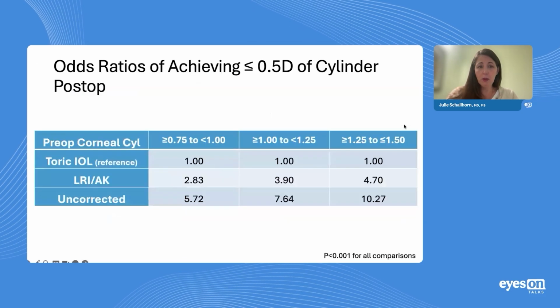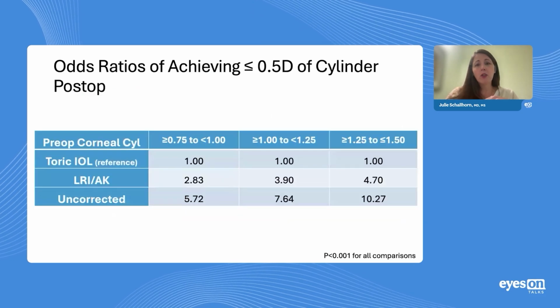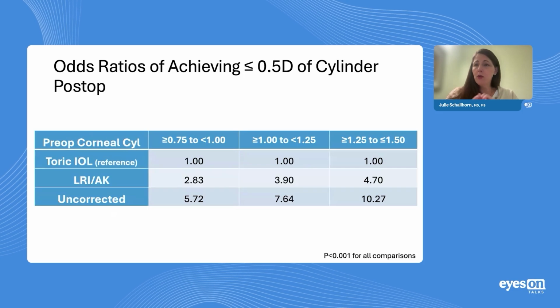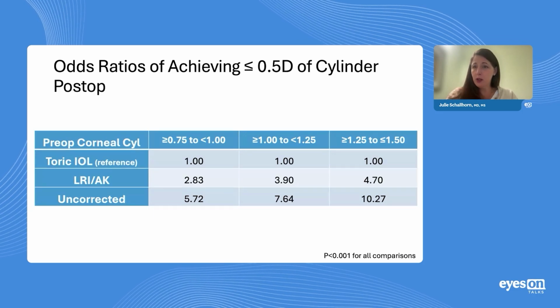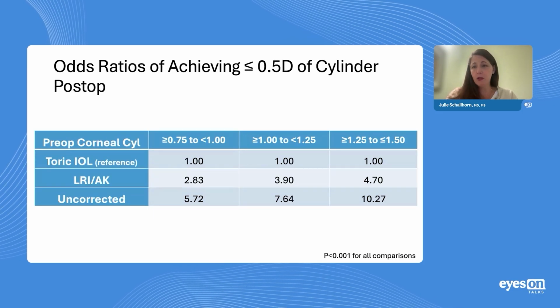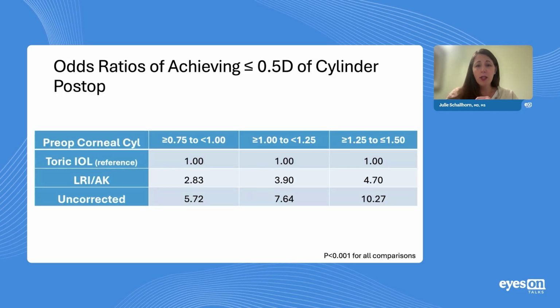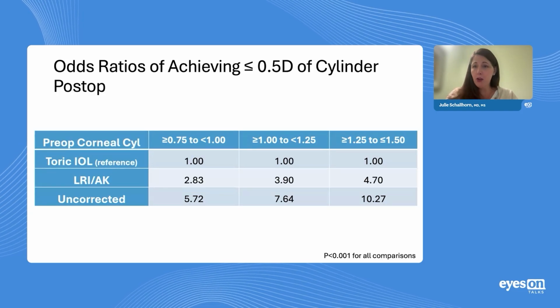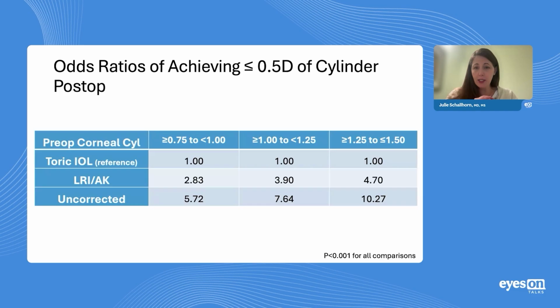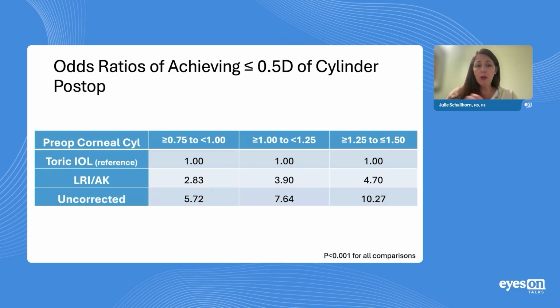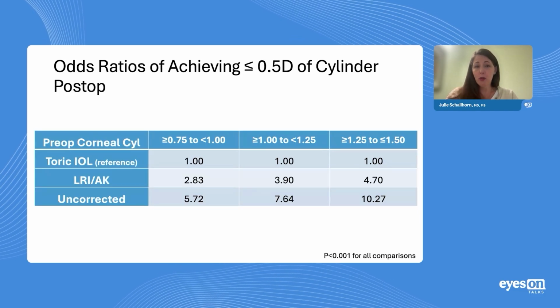We look at the odds ratio of achieving less than half diopter of cylinder, which is kind of that visually or patient-reported outcomes significant group. We can see that depending upon the amount of preoperative cylinder and the way your axis is distributed, there are some groups that do much, much better with a toric IOL.